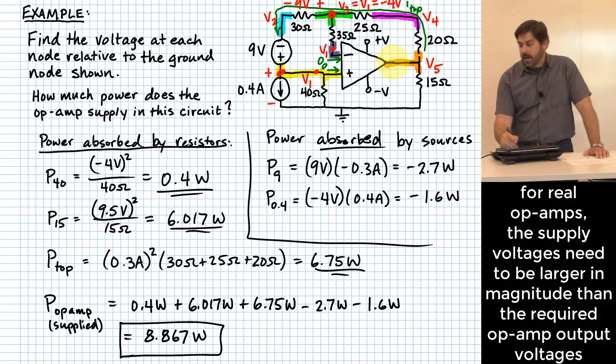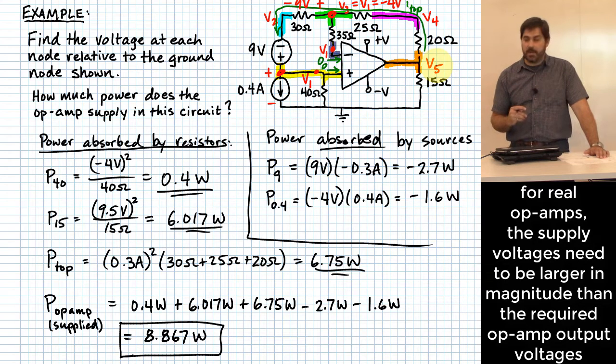There's no way that an op amp can put out a voltage that is outside of what these rail voltages are. So the absolute minimum value for plus V had better be 9.5 volts, or else it's not going to be able to supply that level out of the op amp output. Okay?